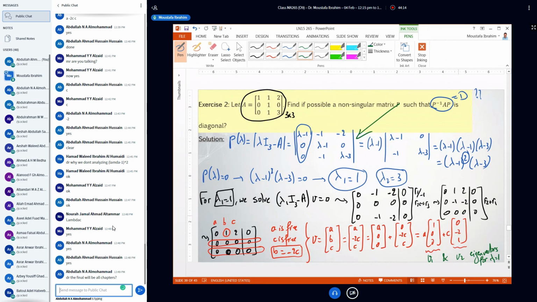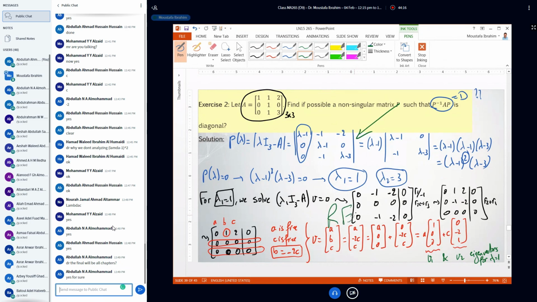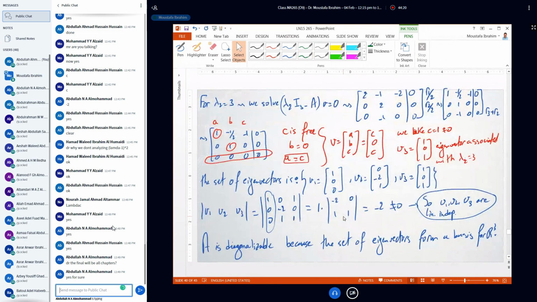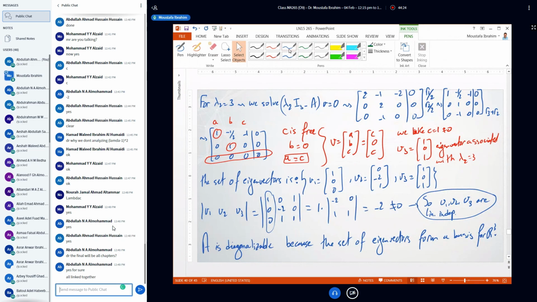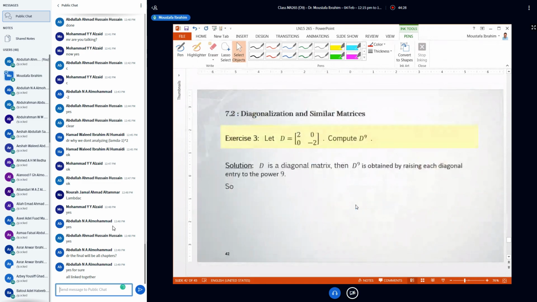You need REF. You need, for example, here again, determinant. Spanning, bases. Here we use this property. All linked together. But yes, basically 357, and everything related to 357. Very good.